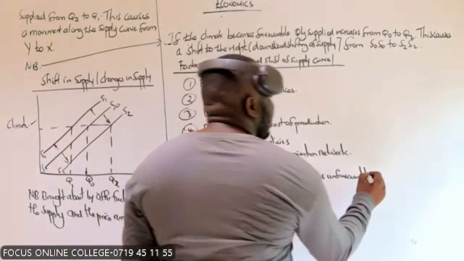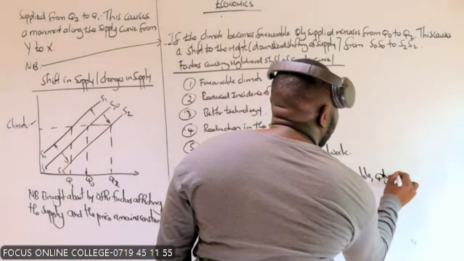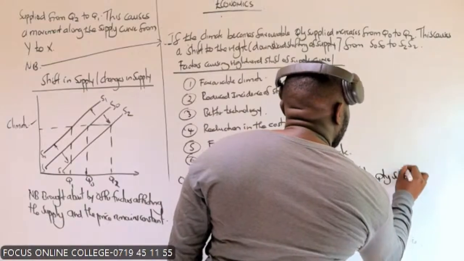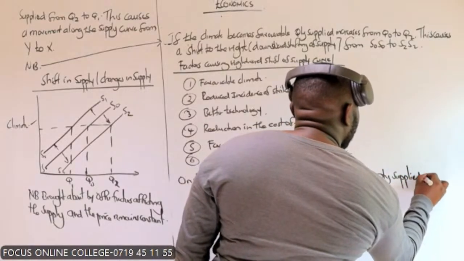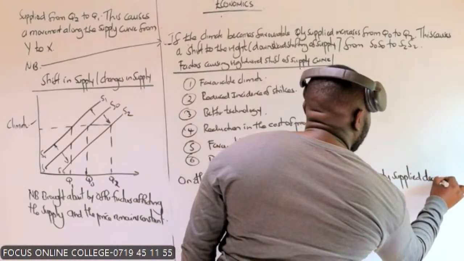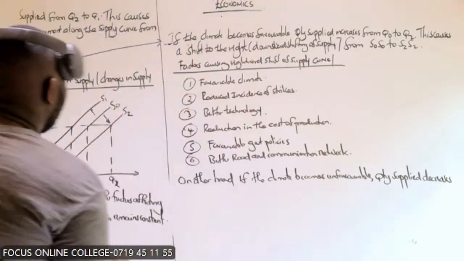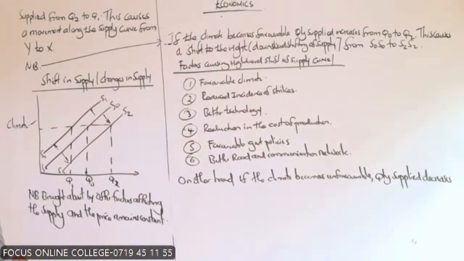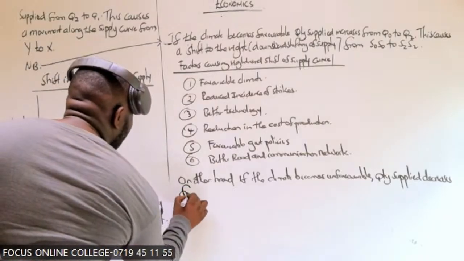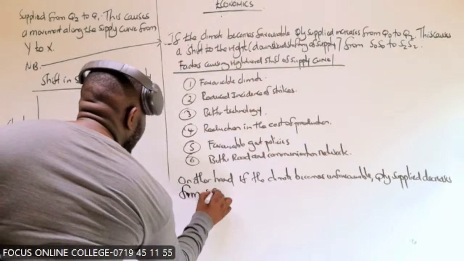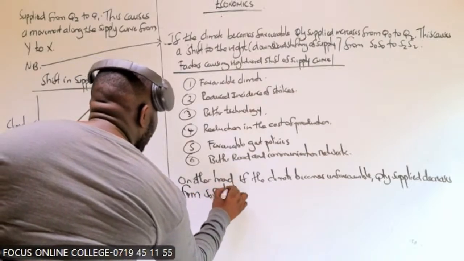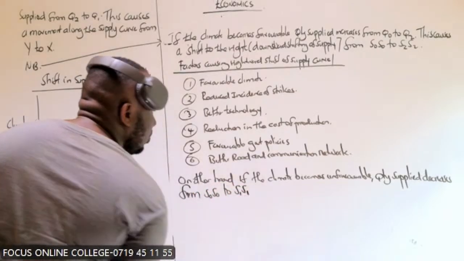quantity supplied, we understand that quantity supplied decreases. We say from S0 to S1.